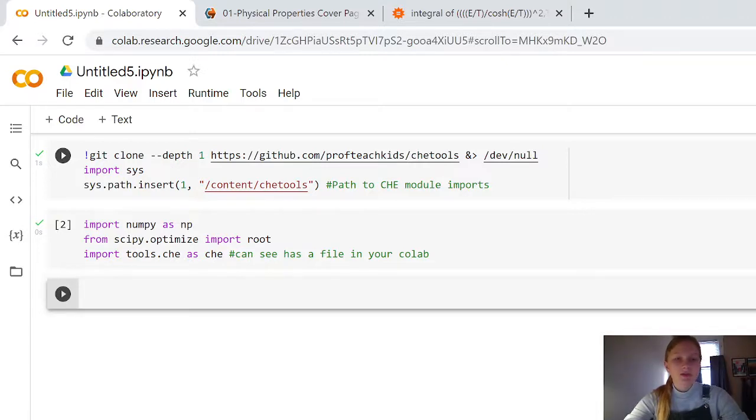So now what we want to do is import our properties for the different compounds that are in our fuel.